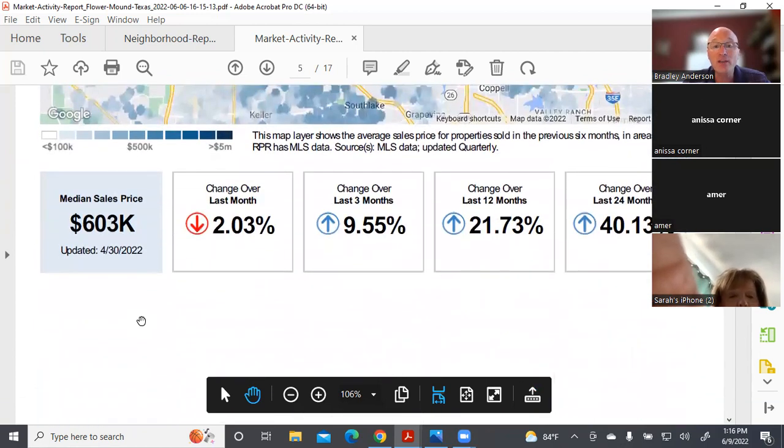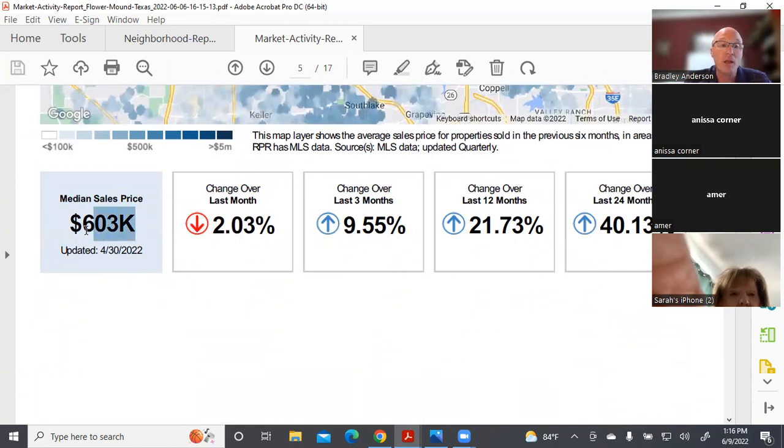So let's go down further. And so this now is the median sales price. So what was the price of a home versus value that these sold for? So similar metrics. So in my town, the change over the past 2 years has been up 40%. Now remember that the value only went up 25. So what does that mean, guys?